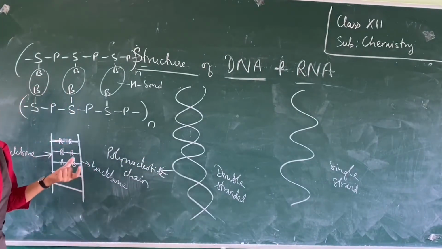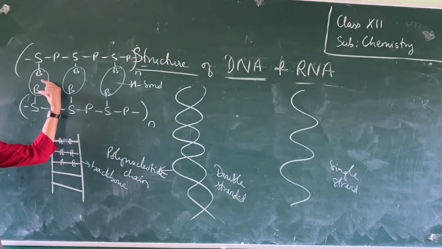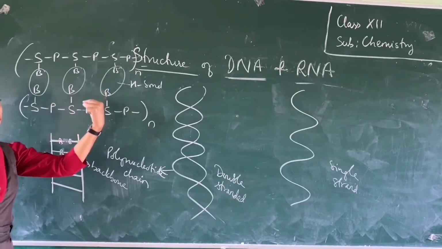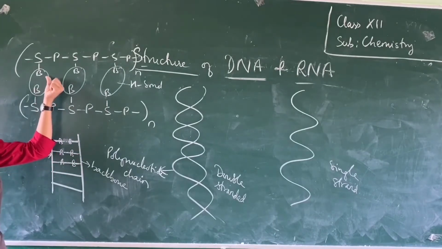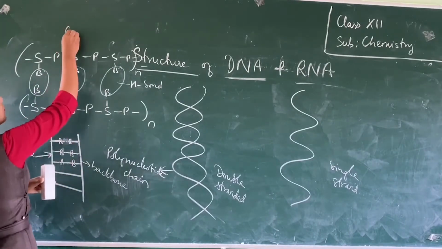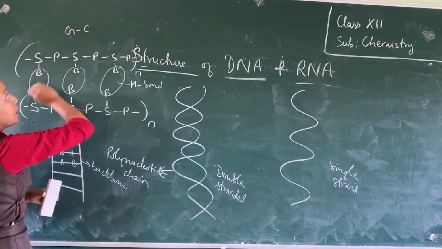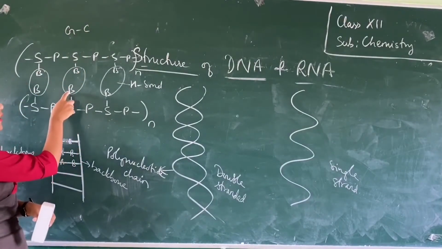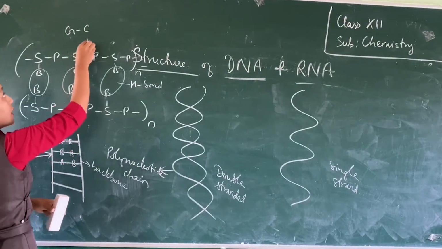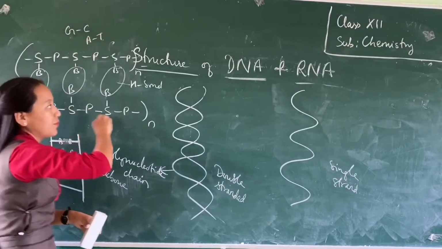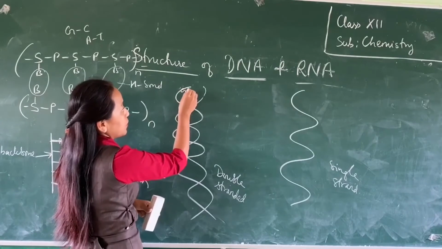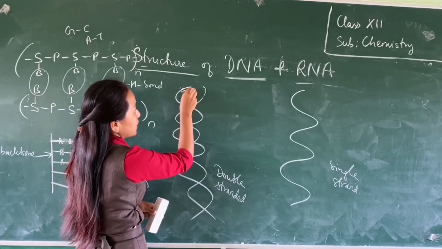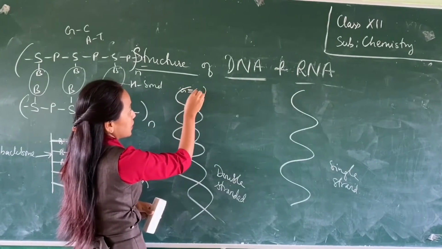In the case of DNA, these bases are complementary to one another. That is, if you have guanine here, it will pair only with cytosine, and if you have adenine, it will pair only with thymine. If you have guanine on this strand of DNA, it will pair only with cytosine through a triple bond.